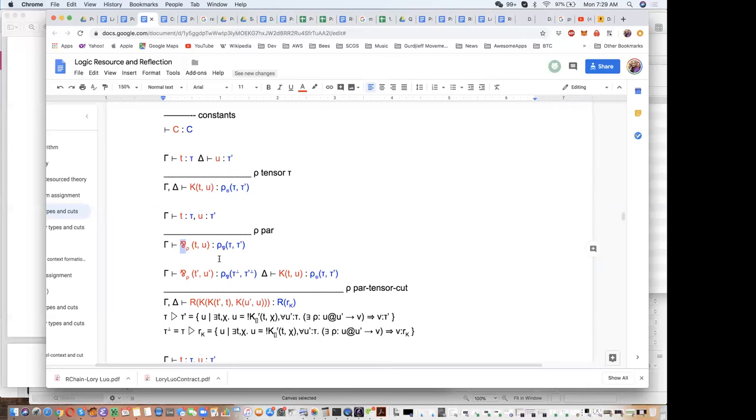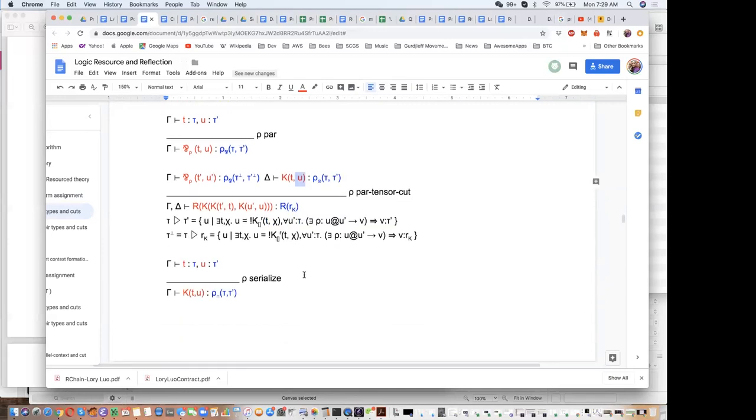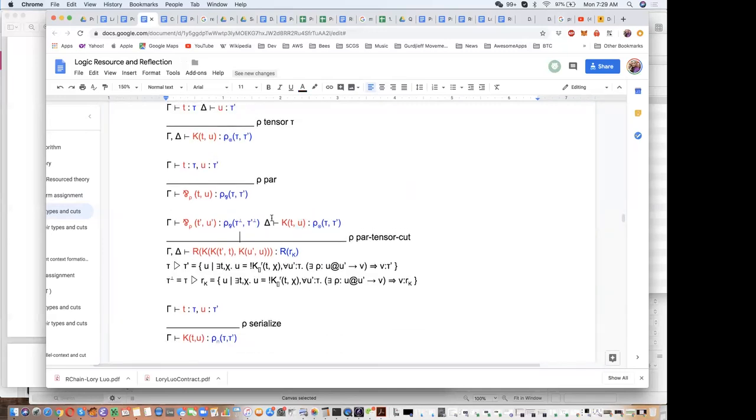If I have a par that's got a T prime and a U prime, and I have a K that's got a T and a U, then I'm going to form sub-Ks, taking this one with this one, in the case of the parallel extraction, and this one with this one. And then we can also do a serial extraction where we go these two, and then K over all of that. So that's the difference between wiring things up in serial versus wiring things up in parallel.